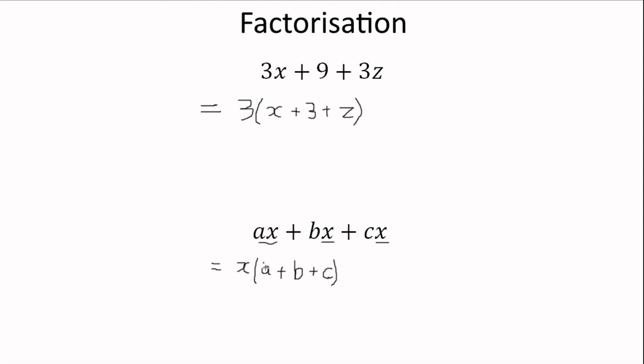So what we've done here is we've technically added the three of them together, which is right there, a plus b plus c. So let's say you make a 1, b 2, and c 1, so it'd be x plus 2x plus x, and that is equal to 4x. And then if you put it here instead, it'll be 1 plus 2 plus 1, and that's equal to 4, and x times 4 is 4x.